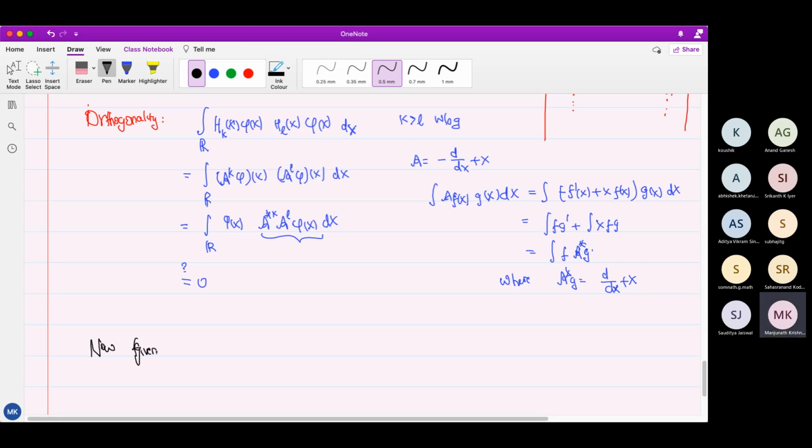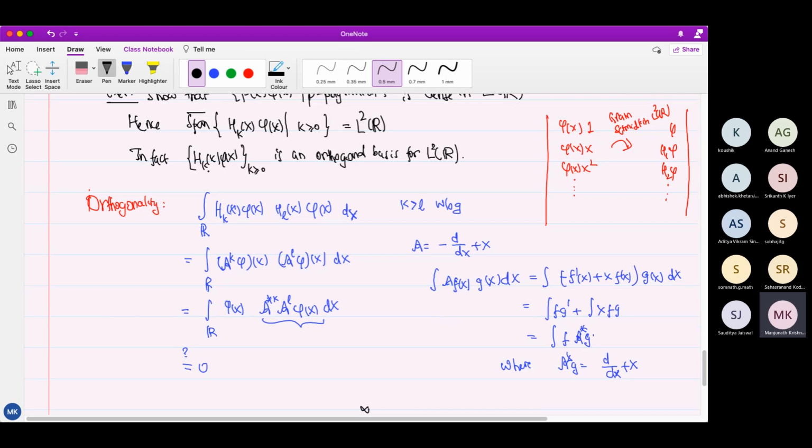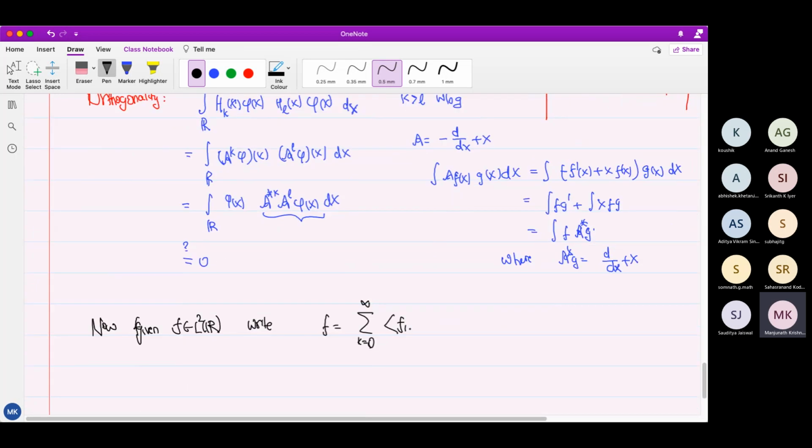But anyway, assuming all this, so now given f in L2 of R, f has the expansion, sum over k from 0 to infinity of the inner product of f with HK phi times HK phi.